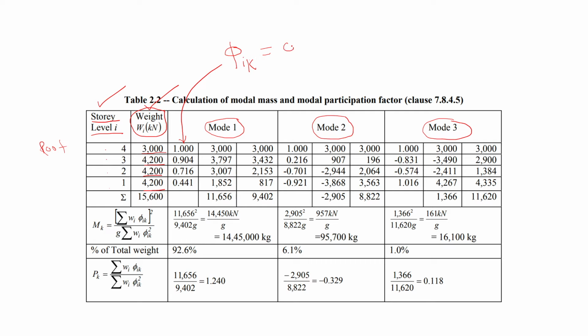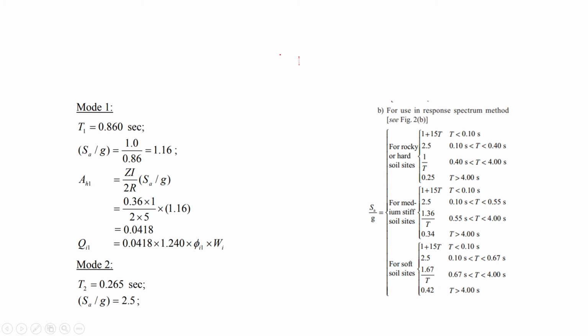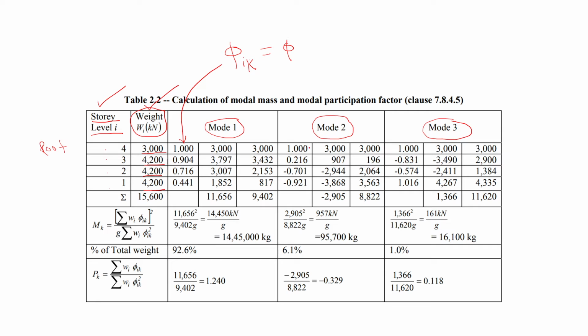That is phi for the 4th floor and mode 1, then 3rd floor mode 1, 2nd floor mode 1, 1st floor mode 1.